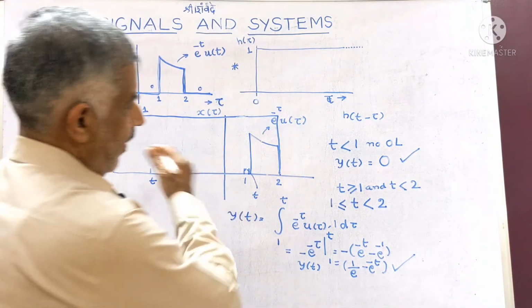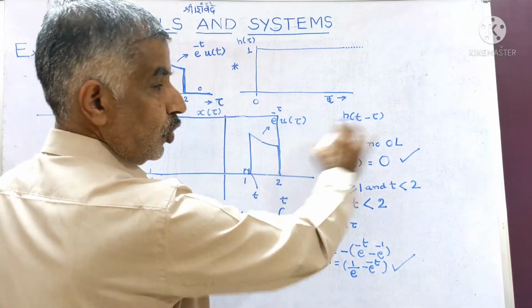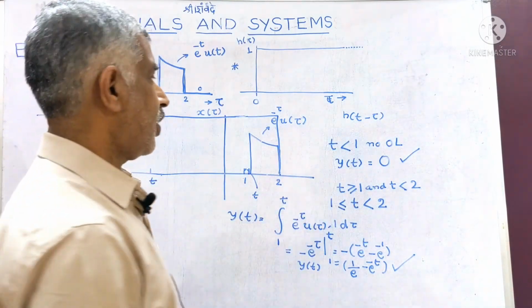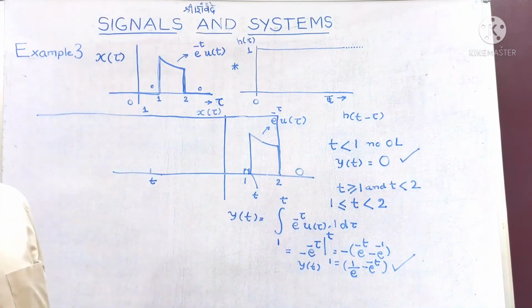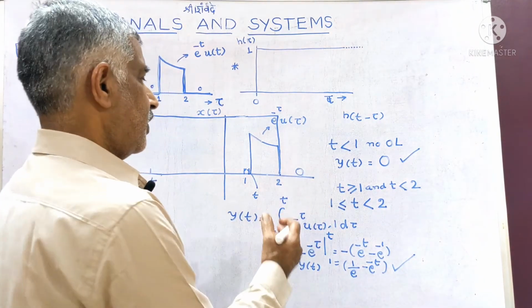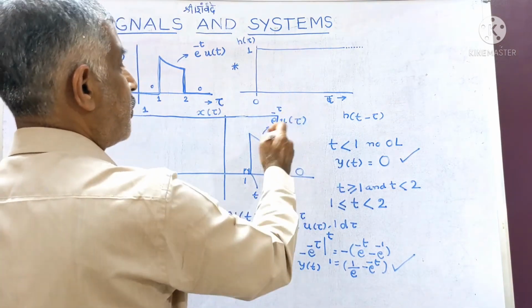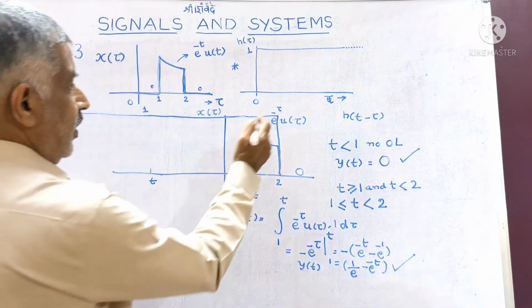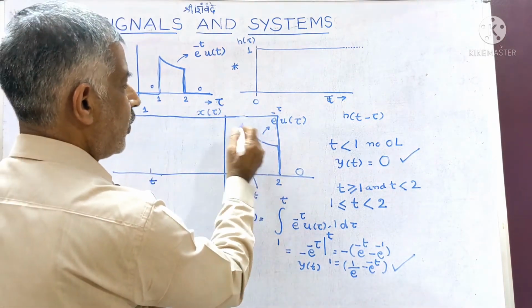Now for this edge, as it crosses 2, there is no waveform here, 0. Because there is no overlapping. There is no overlapping for this edge. But for the rest of the waveform, it is still overlapping here.